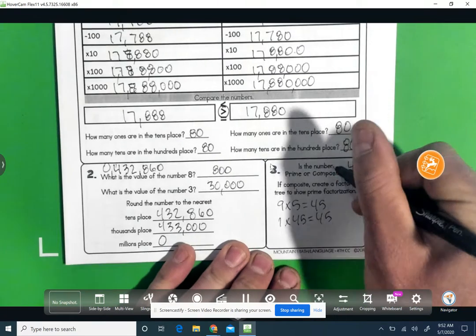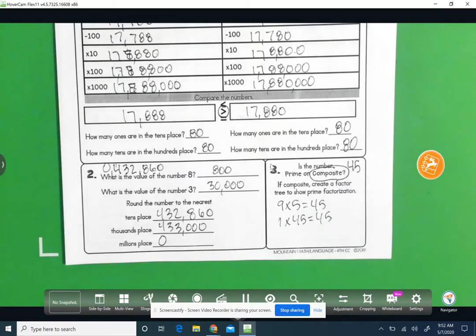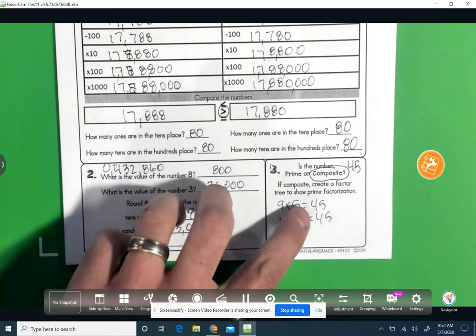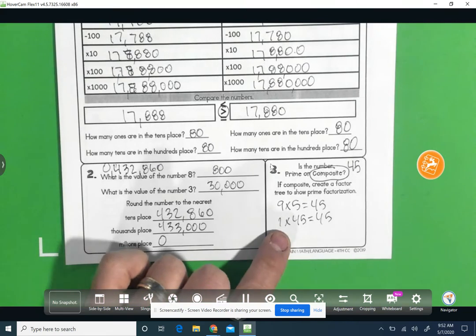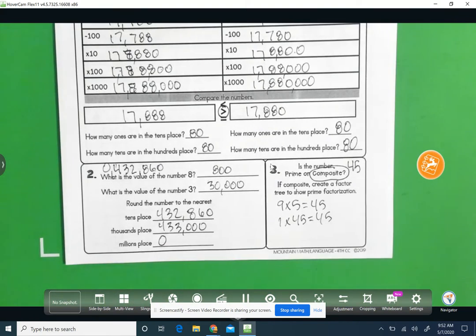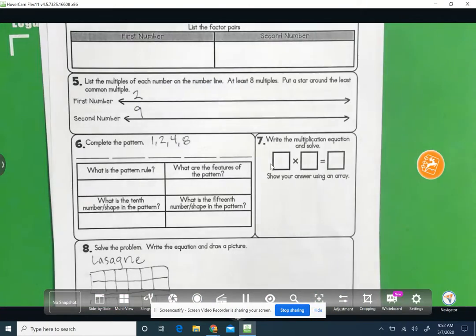So this number is 100% composite. It is made up of factors 9, 5, 1, and 45, that are more than just 1 and itself. So number 3 is composite. Okay. Moving on to number 4.